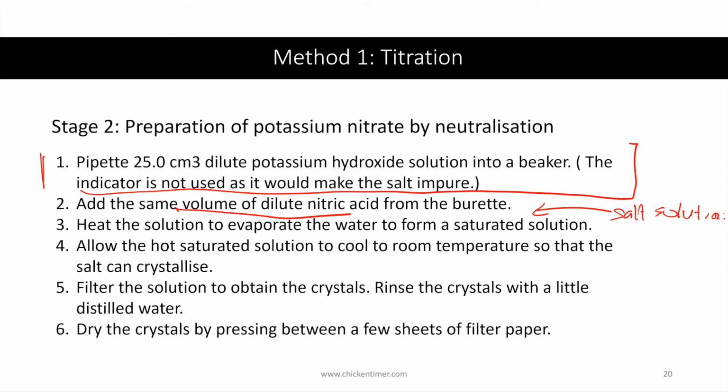This salt solution, you will heat it up. Then you evaporate the water to form a saturated solution, which is whatever you saw earlier. Then you allow it to cool to room temperature, so it will crystallize. You then filter the solution to obtain crystals.